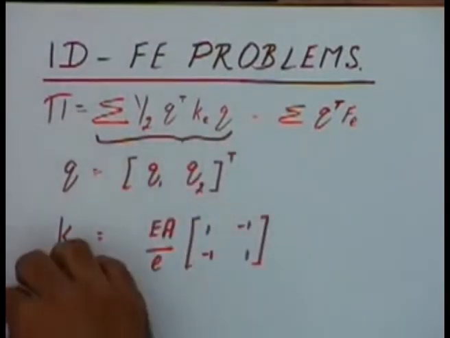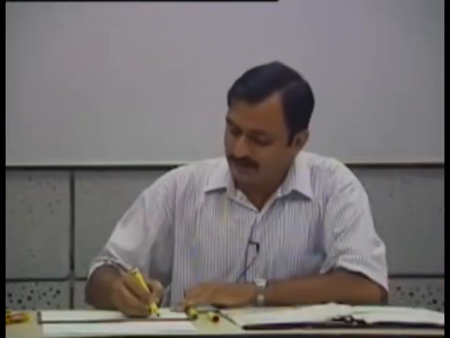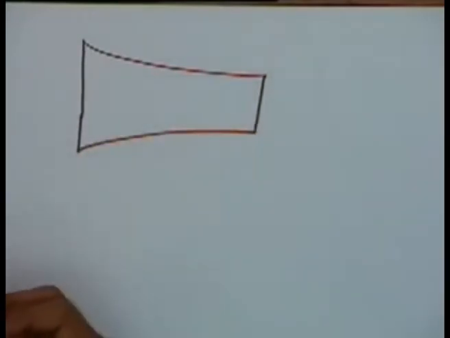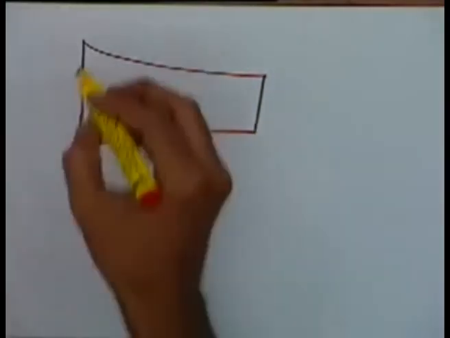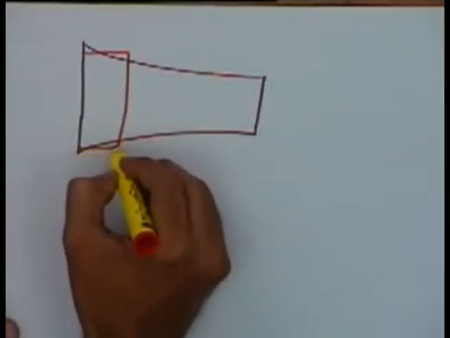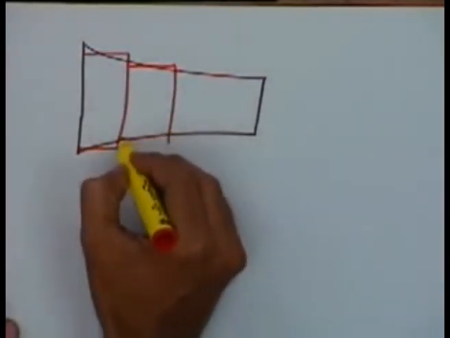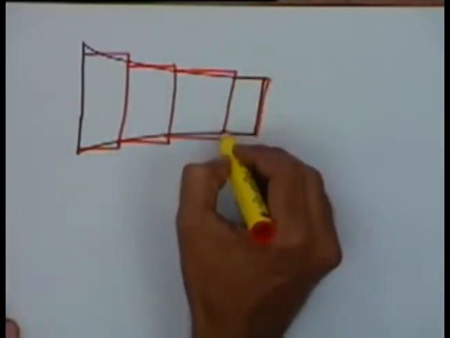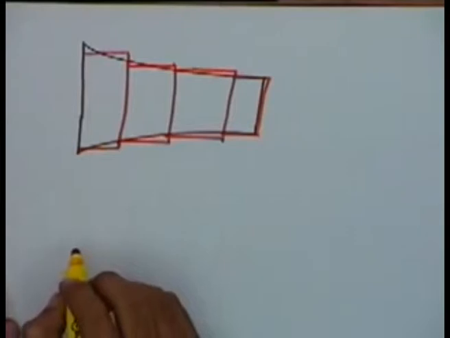For doing that, what we will do is, let us say if we take any object and this object has been divided into a set of finite elements like this, okay.